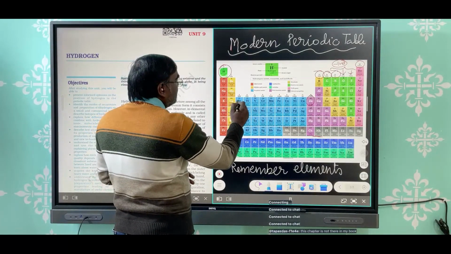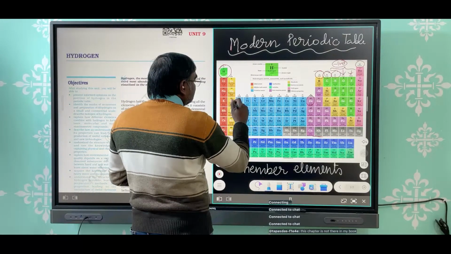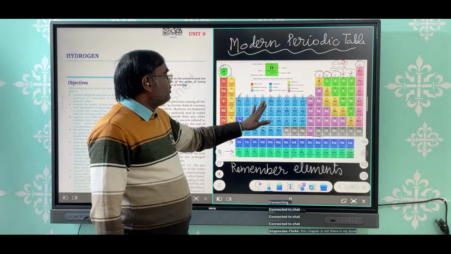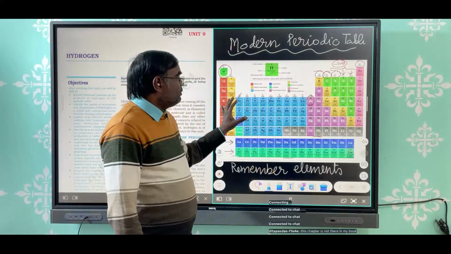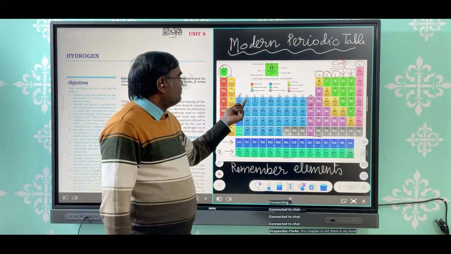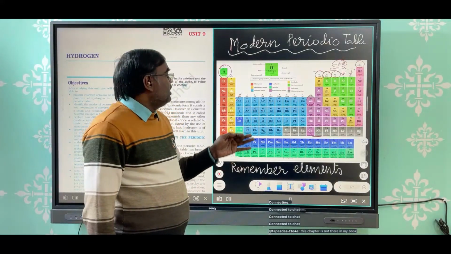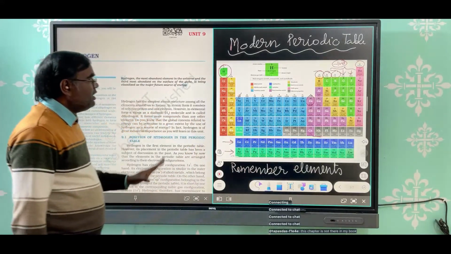These are the group D elements: scandium, titanium, vanadium, chromium, manganese, iron, cobalt, nickel, copper, zinc. You remember up to this? Starting from 21 to 30. This way you can remember.